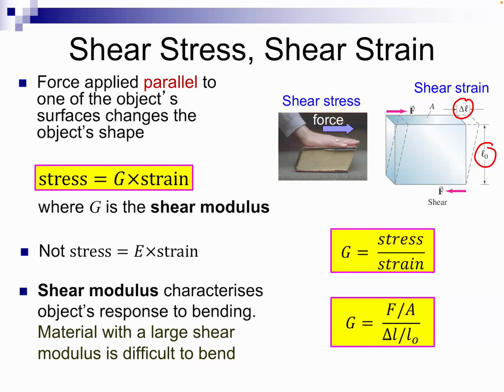So the bulk strain, or volume strain, will be the change in volume divided by the original volume. The bulk stress will still be force over area, but remember that it will be the whole surface area of the object, because force is being applied to the whole surface of the object in order to change its volume.